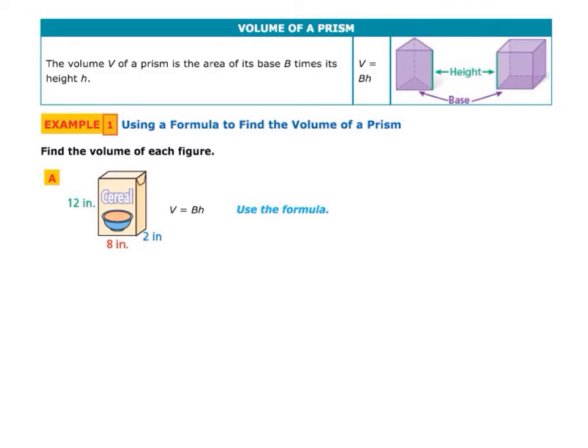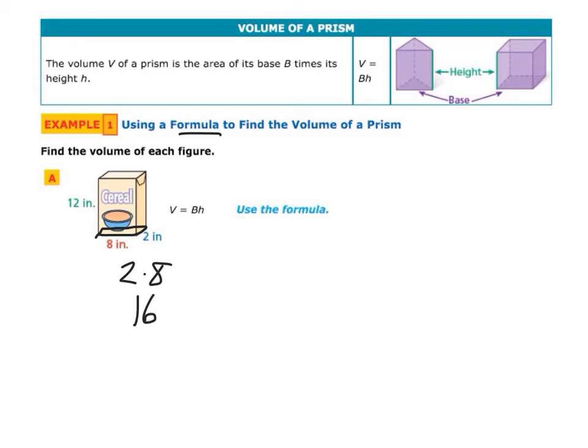So for example 1, using a formula to find the volume of a prism, like a cereal box. Can you find the volume of this figure? Well, it's 8 inches wide, 2 inches deep, and 12 inches tall. So what's the area of the base of the cereal box? Well, it's 2 times 8, or 16.